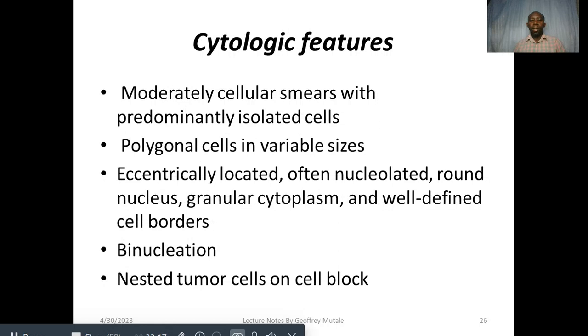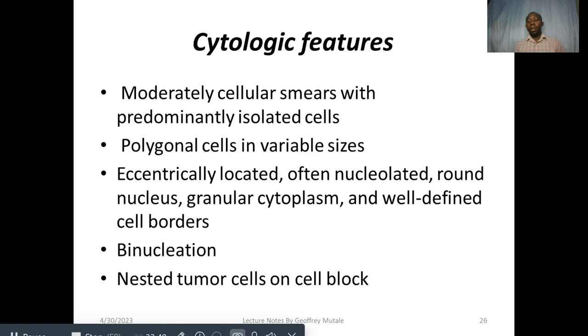So cytologic features, we realize that oncocytomas are moderately cellular smears and actually have also predominantly isolated cells. Cells may appear polygonal and variable in size.